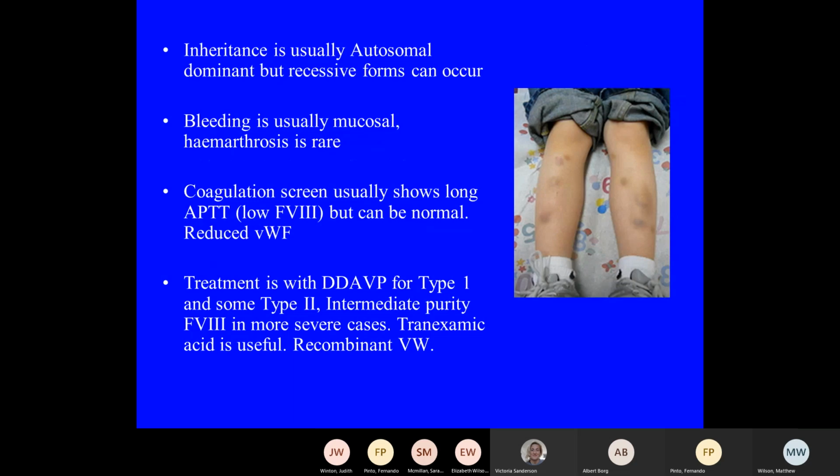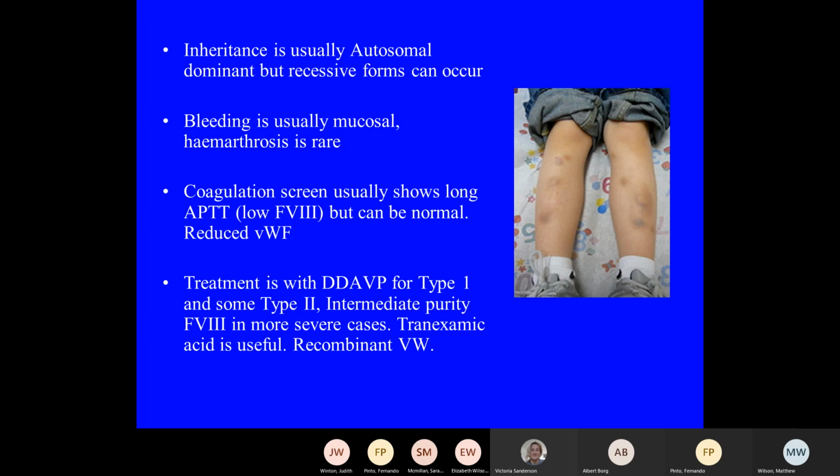The inheritance is usually autosomal dominant, but recessive forms exist. The bleeding is different from the bleeding in patients with hemophilia because it's usually in the mucosa, and it's rare to see von Willebrand bleeding in the joint unless it's type 3, who will also have very, very low factor 8 levels, as low as in severe hemophiliacs.